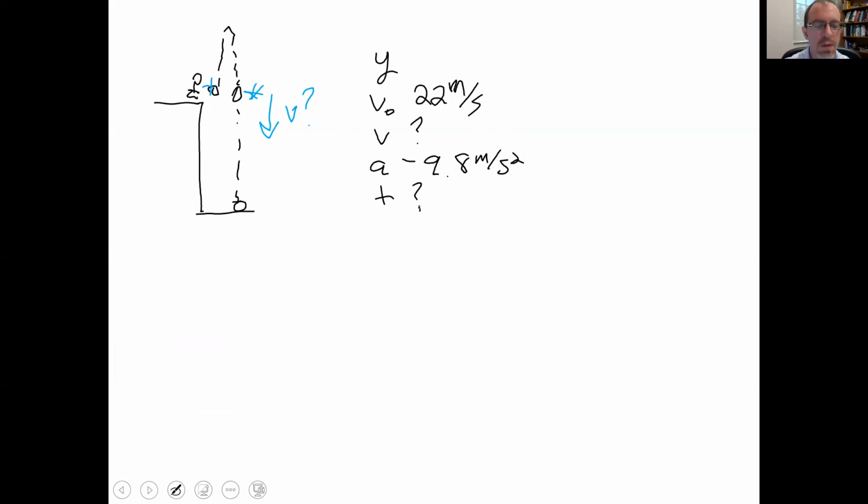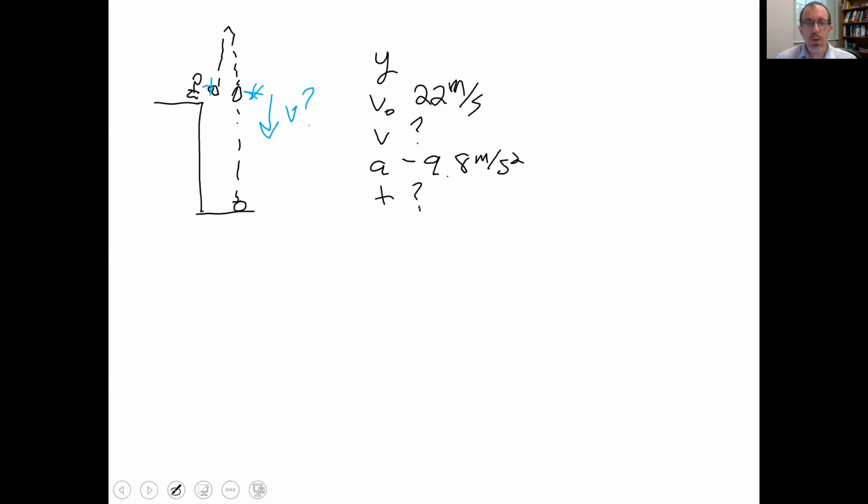And what about the displacement in the y direction? It leaves his hand at a certain height, and we want to know what its speed is when it passes back by that height. So we're comparing the initial height and the final height to each other.